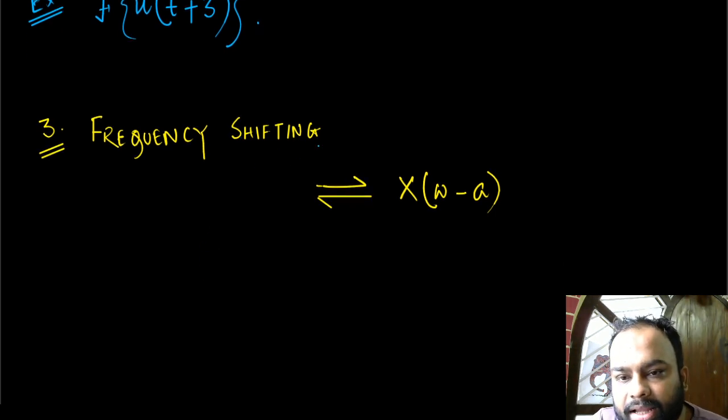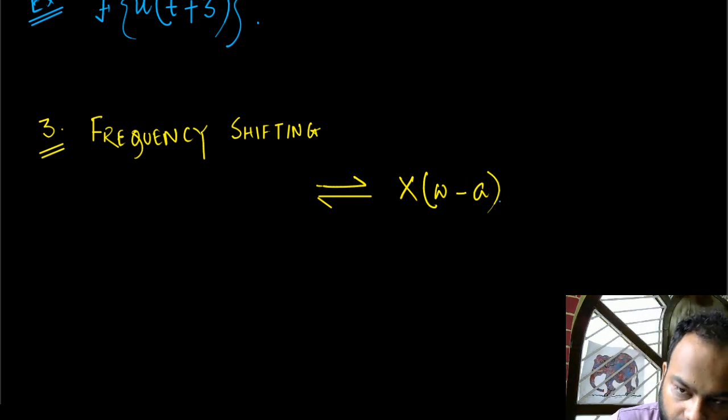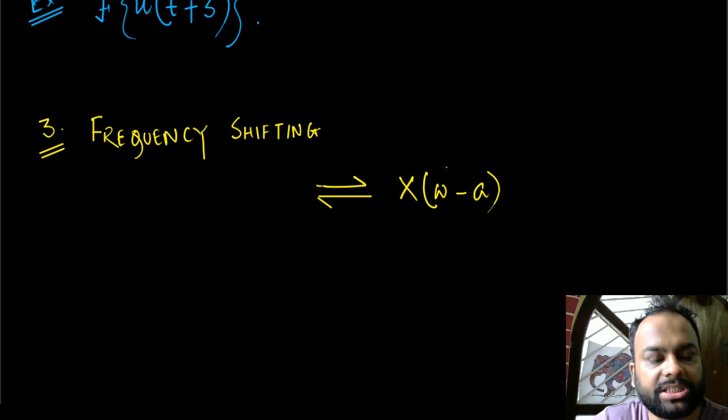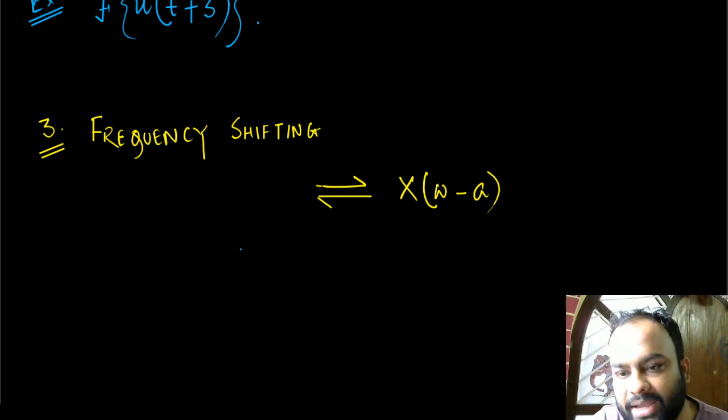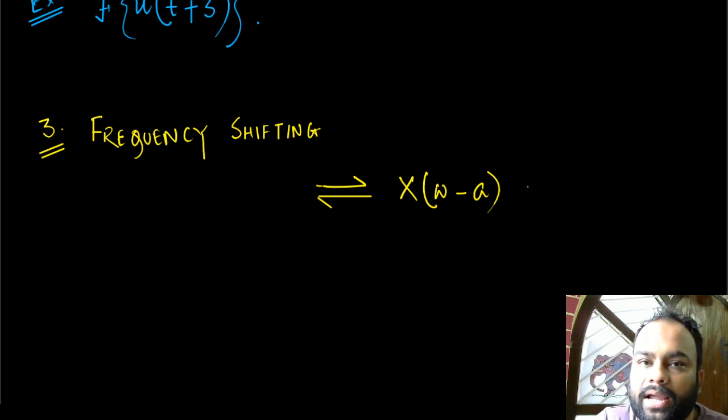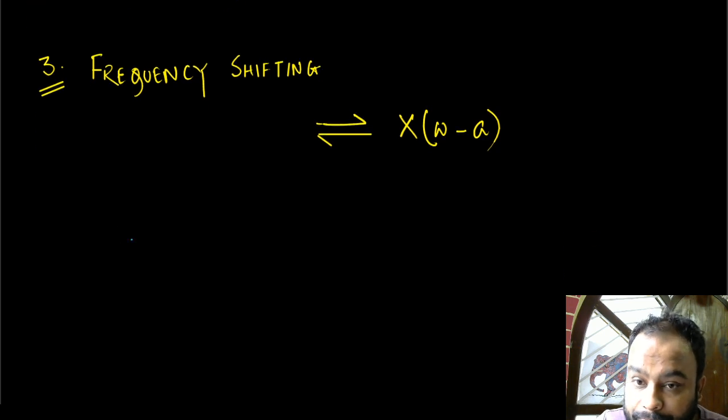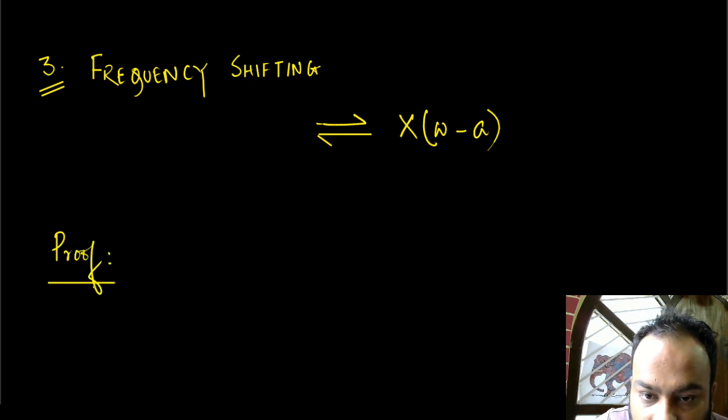So with frequency shifting, we are trying to calculate the inverse Fourier transform of this. What if there is a shift in frequency? Do you understand my problem here? We're trying to find the inverse Fourier transform of this. So let's prove it.